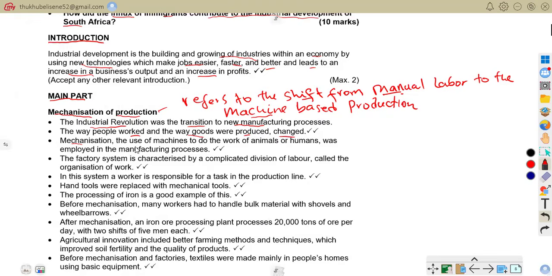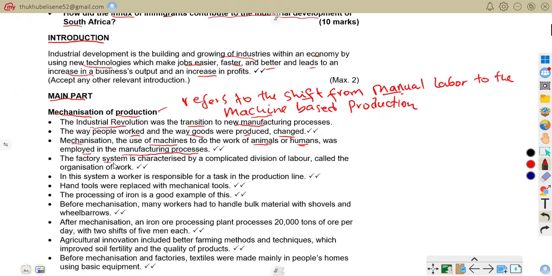So mechanization, the use of machines to do the work of animals or humans, was employed in the manufacturing process. Now machines are doing the work that was done by animals in olden days, or the work that was done by humans.